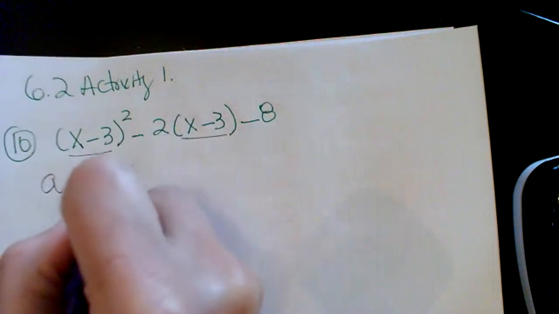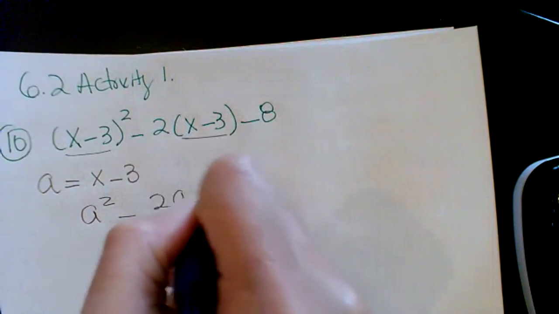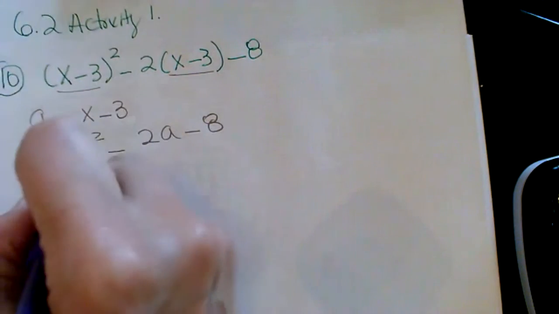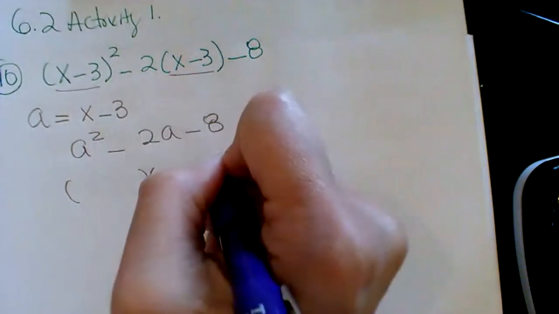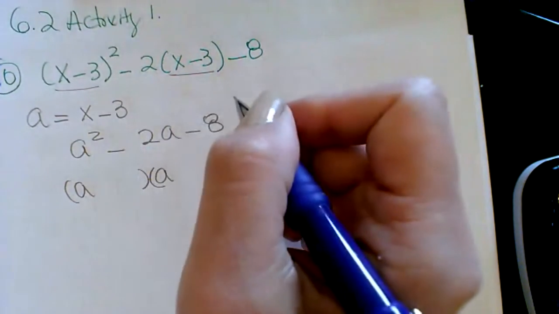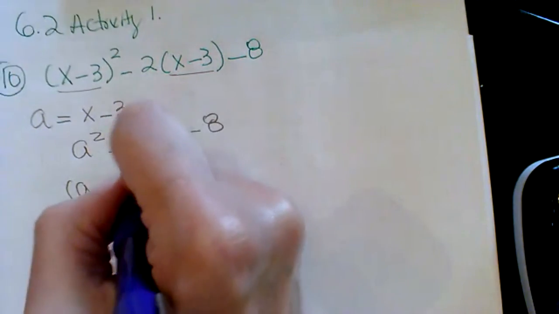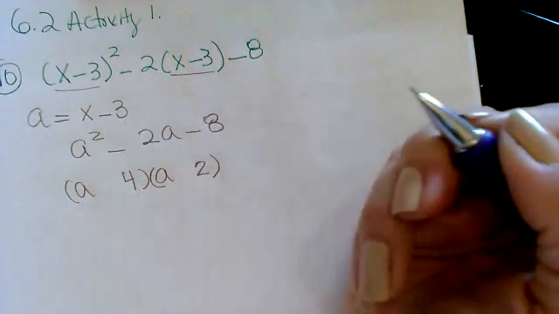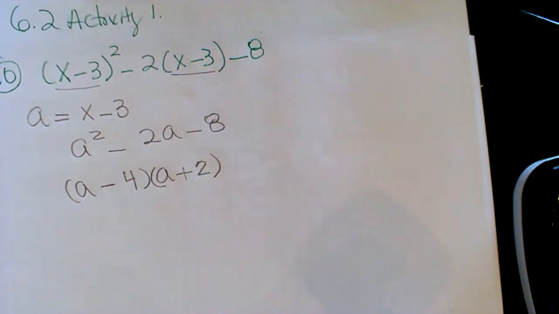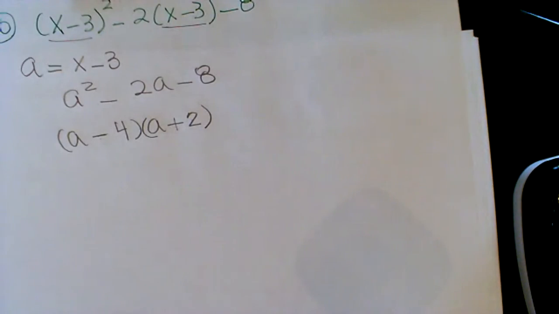So it's going to be a squared minus 2a minus 8. So I'm just going to use the sum and the product. Two numbers that when I multiply, I get 8. That's going to be 4 and 2, right? When I add them, I get negative 2. So this is going to have to be negative, and this is positive. There we go. I got my answer.